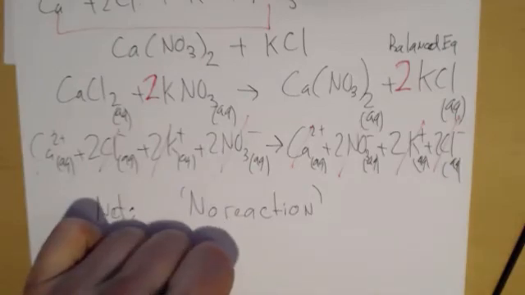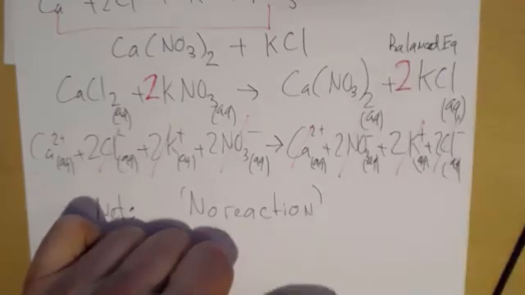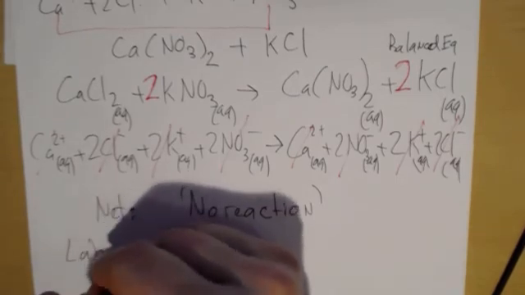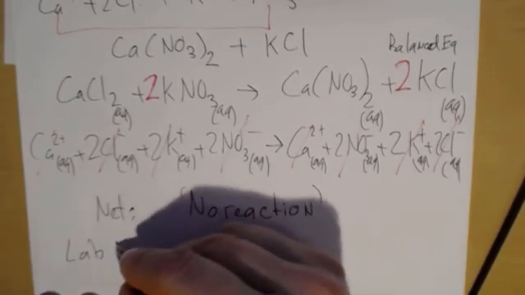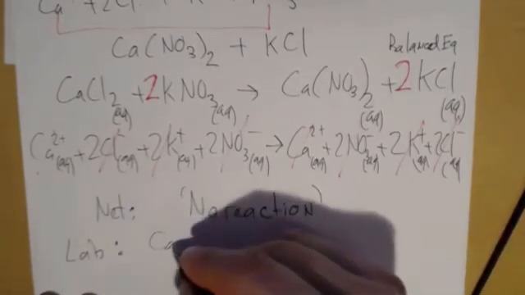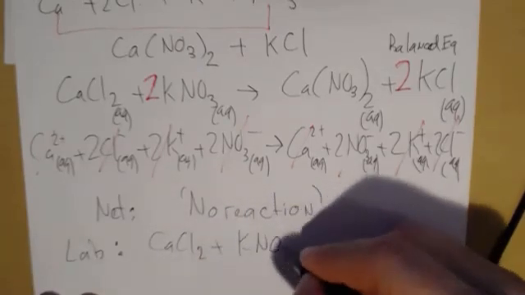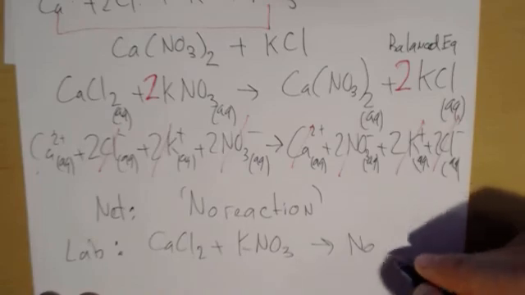So how about if we're using the solubility table, do we need to even do the first step? Yeah, if you want to, so for the lab, you can say CaCl2 plus KNO3, no reaction, and I'll accept that.